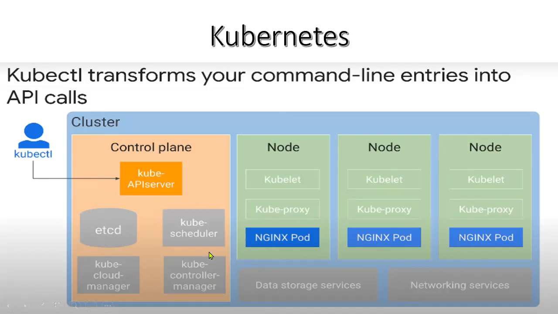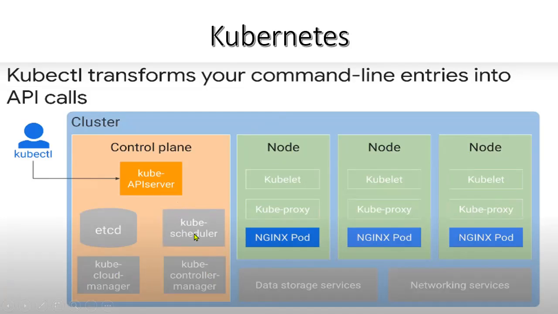Now in our worker node we have pods. Suppose I have one Nginx pod here, one Nginx pod here, one Nginx pod here. These pods are created by using the kube scheduler via the kube API server.